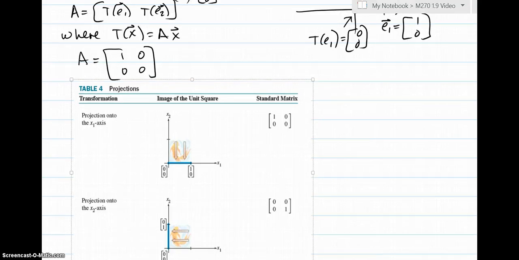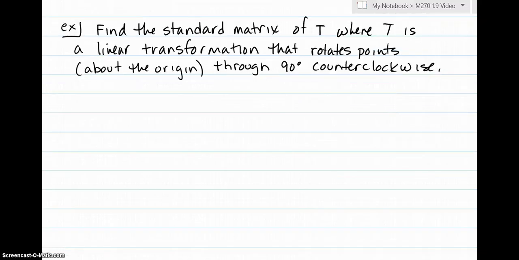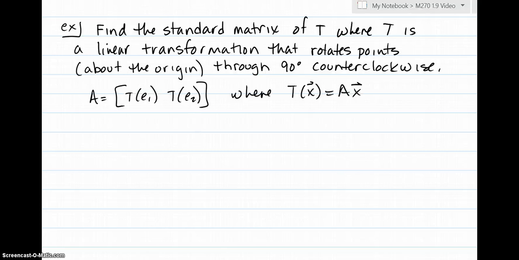Let's look at a 90-degree rotation. Let's find the standard matrix of T, where T is a linear transformation that rotates points about the origin through 90 degrees counterclockwise. We know our standard matrix is just T of E1, T of E2.